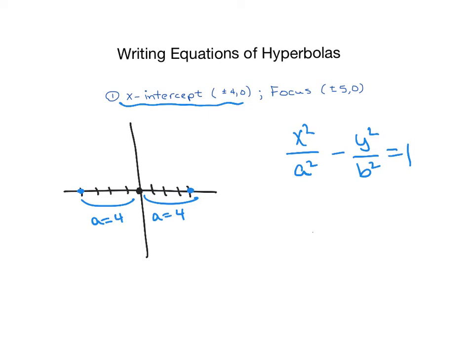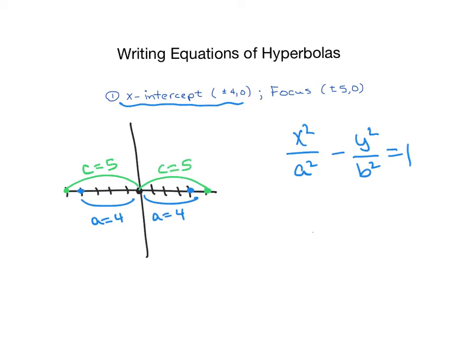I'm also going to go ahead and graph the focus points. So I have a focus here at -5, 0 and +5, 0. The distance from the focus to the center, that's your c value. Doesn't matter if you do it over here or over here.